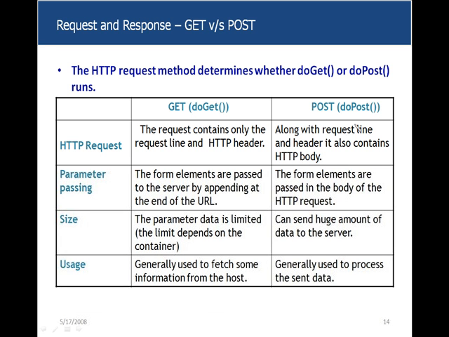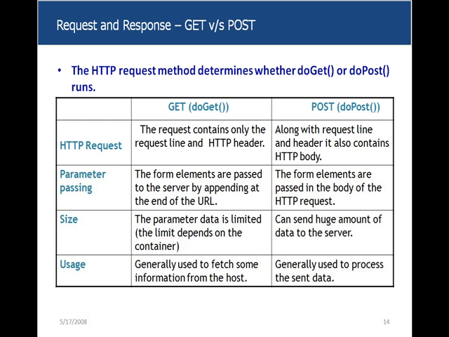Parameter passing. So we've seen that when you type in your Yahoo Mail, you try to get your emails, right? And you pass in the username and password in that Yahoo Mail login screen. So how are these username and password passed to the server?